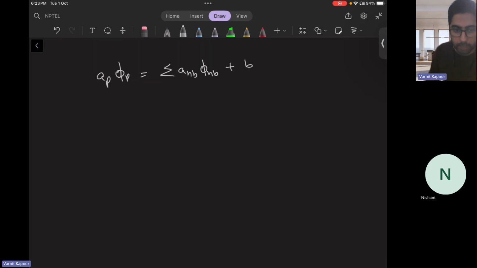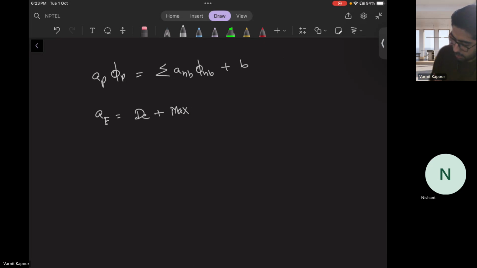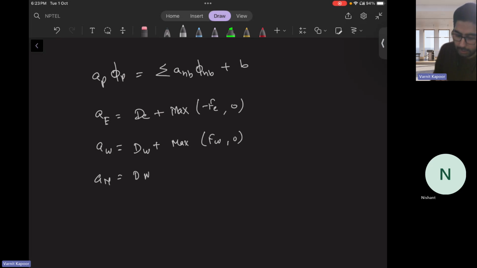Your values will come out as: aE will be dE, the diffusion term, plus the maximum of minus Fe comma 0, since the contribution plays a role in convection terms only. aW will be dW plus the maximum of Fw comma 0. aN will be dN plus the maximum of minus Fn comma 0.